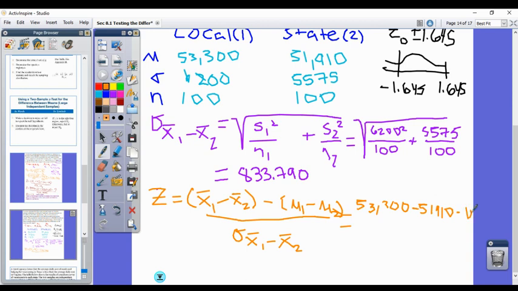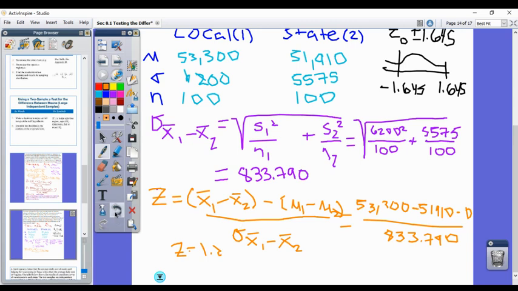So again, mean 1 minus mean 2, we are assuming that is 0. Okay. So if we do that, we get a z-score of 1.67.